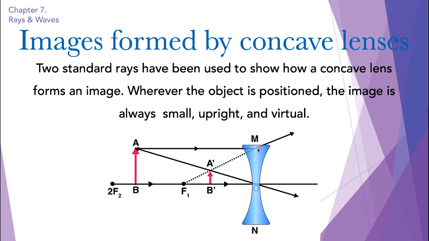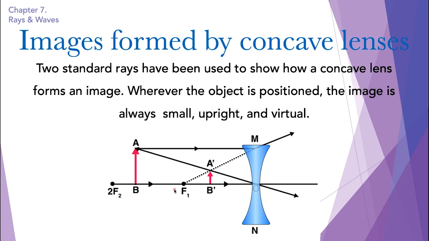Because it is going to diverge, it's going to go away and spread out. The principal focus is only at the principal axis. So to see whether it is passing through the principal focus or not, we extend this diverged ray backwards. We extend it backwards till it passes through the principal axis, and if it passes through the principal focus, the standard ray is made correct.